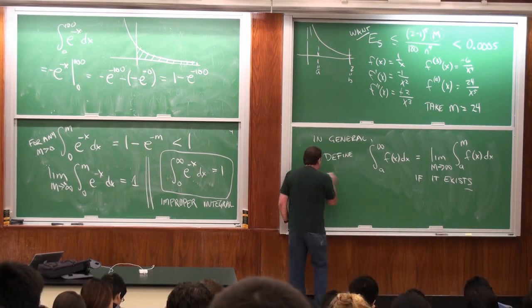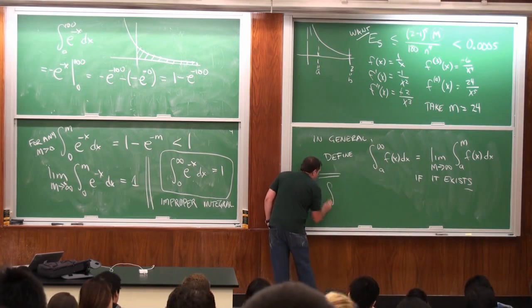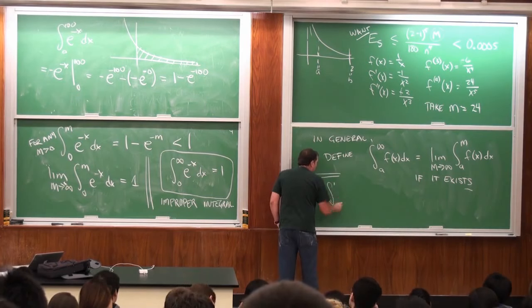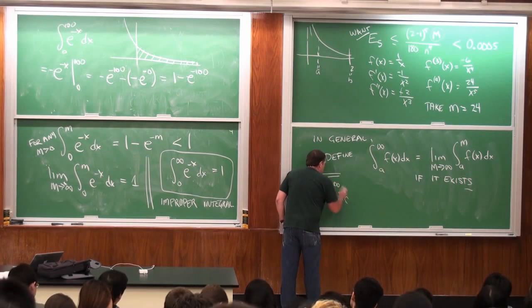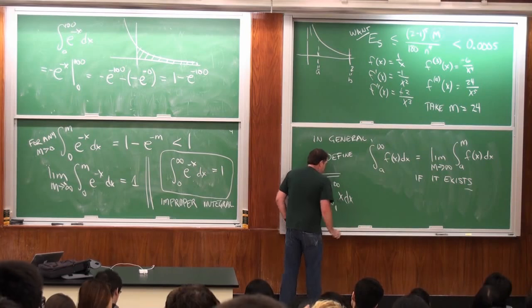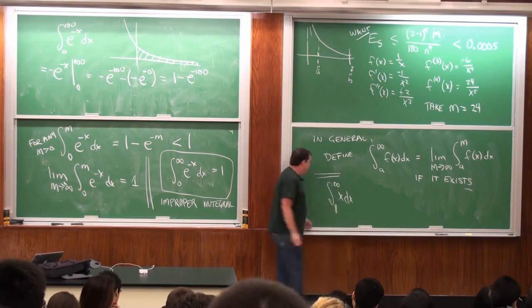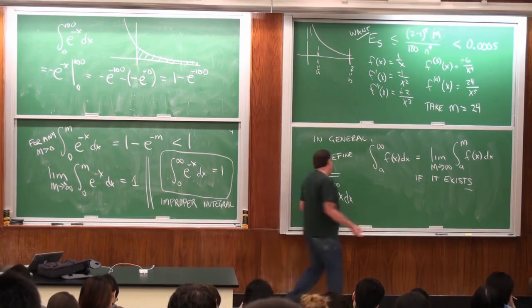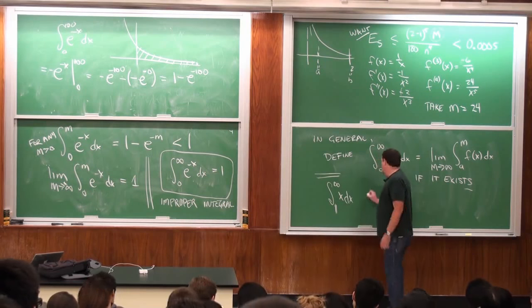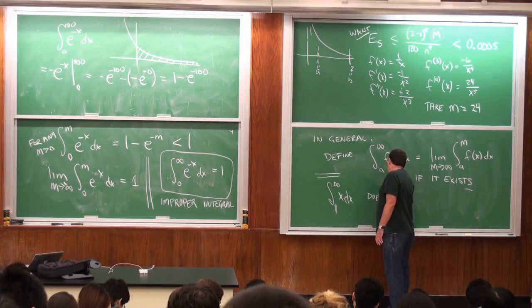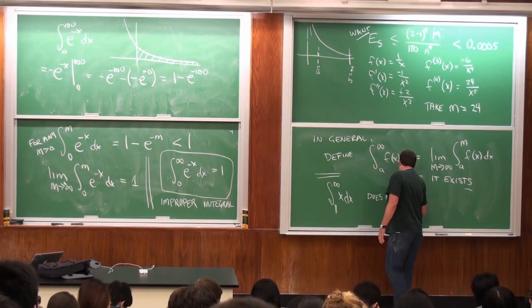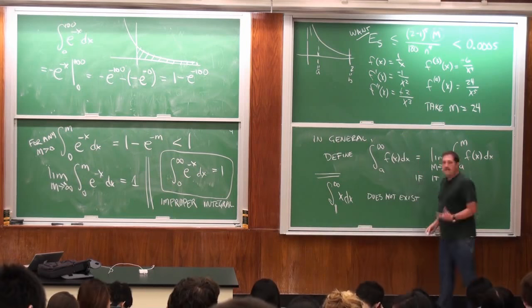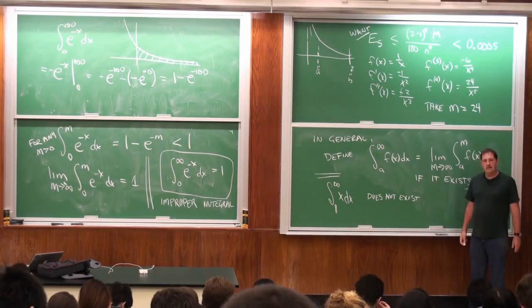So, for example, let's go from 1 to infinity. The integral from 1 to infinity of x dx, this limit doesn't exist. It becomes infinite.